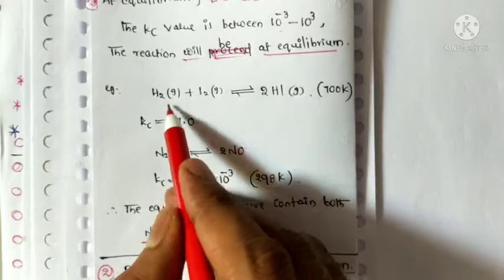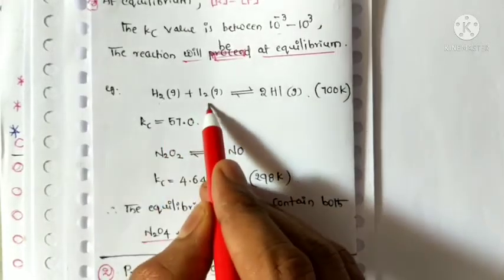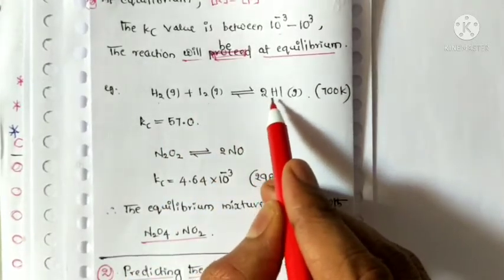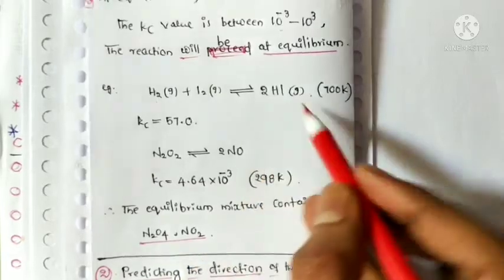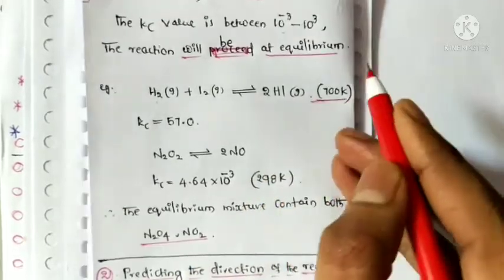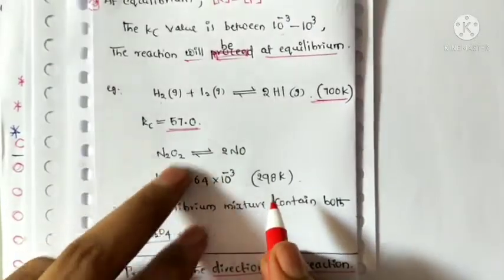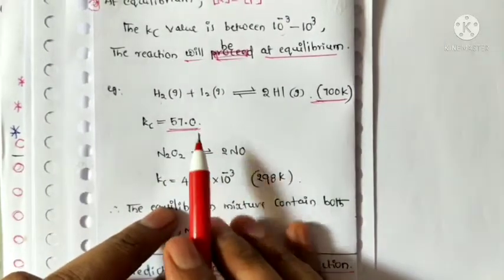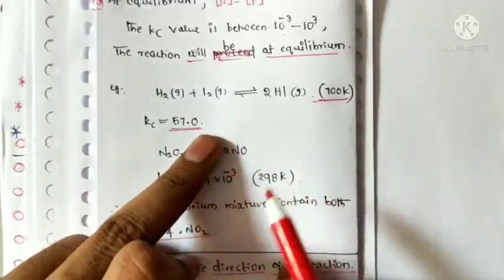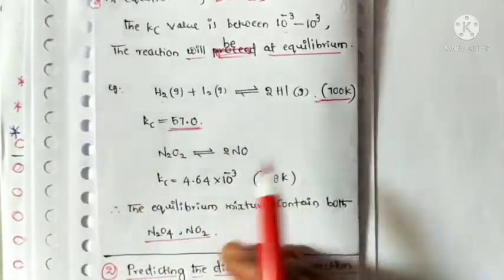The best example is hydrogen reacted with iodine to form 2 moles of hydrogen iodide at a given temperature of 700 Kelvin. How much is the value? 57. The Kc value is 57. It is neither high nor low.